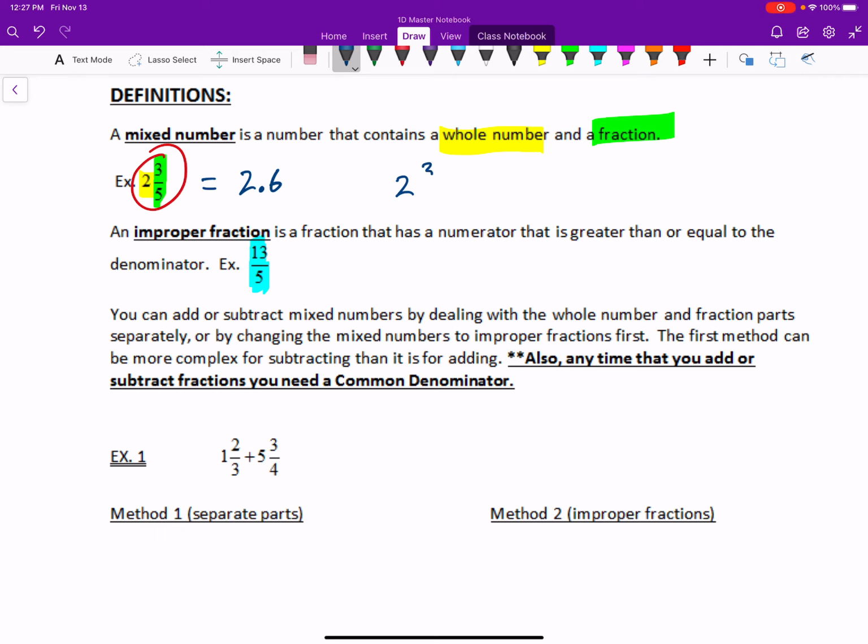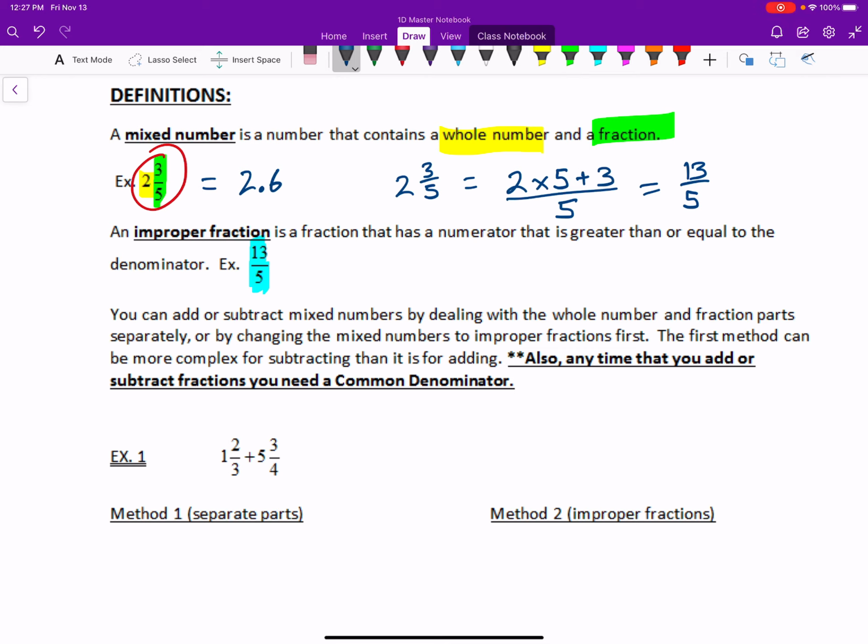If I start with 2 and 3/5, I take the whole number, the 2, multiply it by the denominator, and then add the numerator, so 2 times 5 plus 3, and put it over the same denominator. 2 times 5 is 10, plus 3 is 13, and so that's 13/5, which is exactly the same as what I've got down below as the improper fraction. So 2 and 3/5 is equivalent to 13/5.